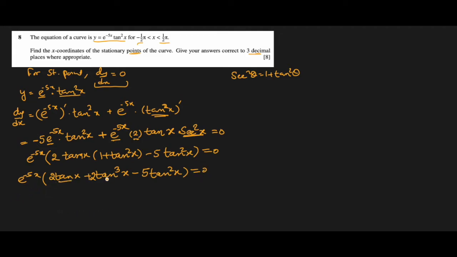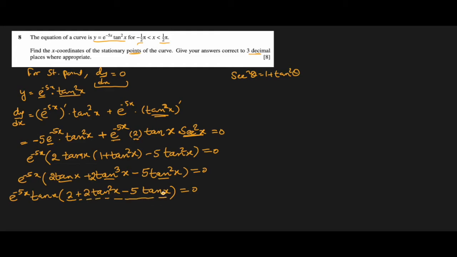So all of them have tan, can you see? I will take tan out. So e to the power minus 5x tan x. What is left here? 2 plus 2 tan square x minus 5 tan x equal to 0. Let's focus on this one now.